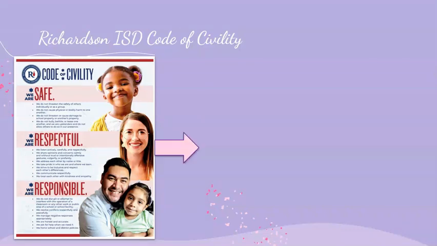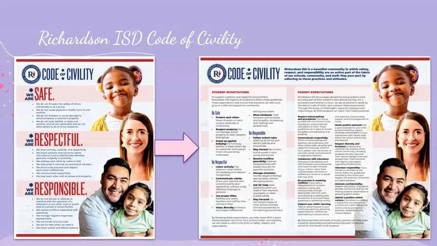They even break this conduct down into how they want specific groups to conduct themselves, student expectations and parent and other adult expectations, whenever they're within our school district. This verbiage is all over the district, not only at the campus level, but beyond, where we are safe, respectful, and responsible.